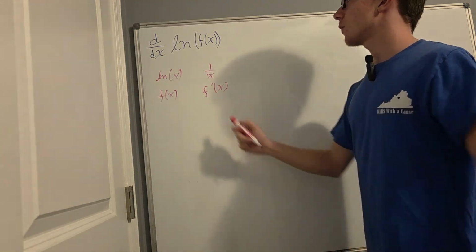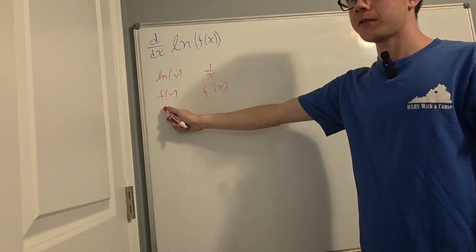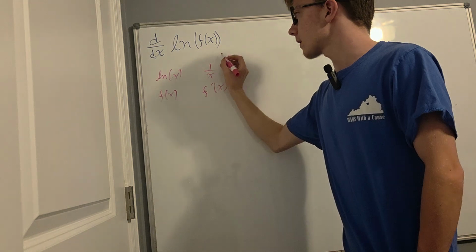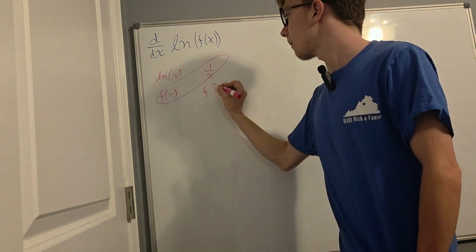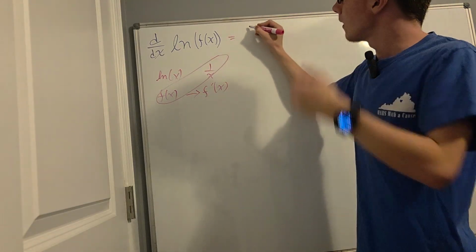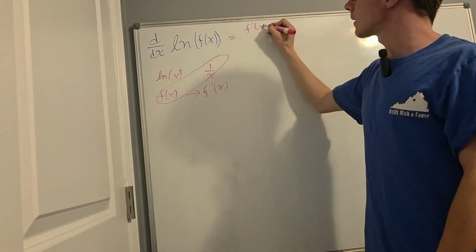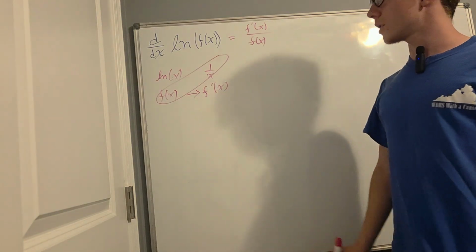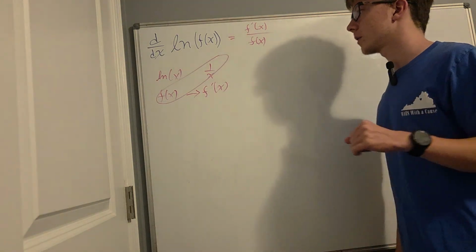If we plug things in, we get 1 over f of x, and we multiply that by f prime of x. So what that ends up being is f prime of x divided by f of x, which works out for some pretty cool things.